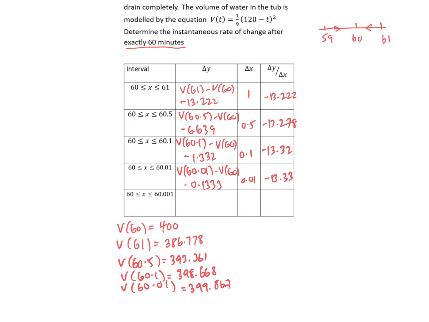So 13.32 and 13.33 are very close. So that's a very good approximation of the instantaneous rate of change at exactly 60 minutes. The hot tub is losing 13.33 liters per minute.